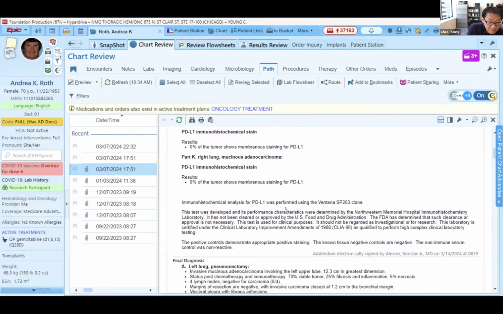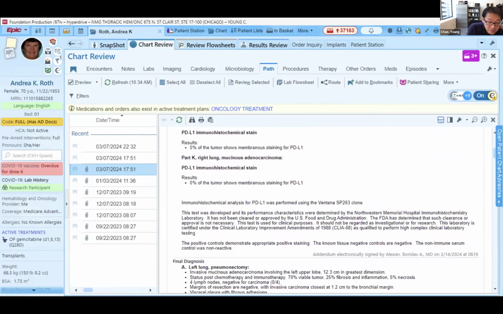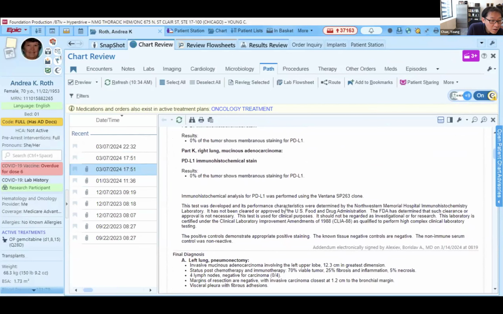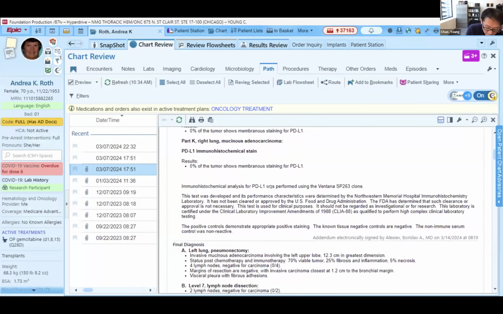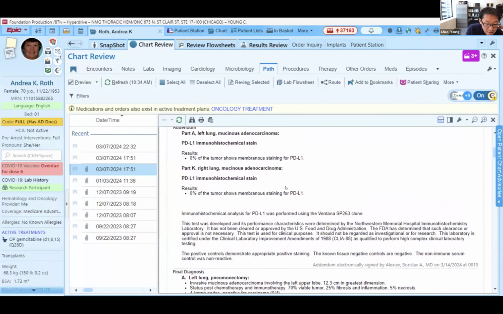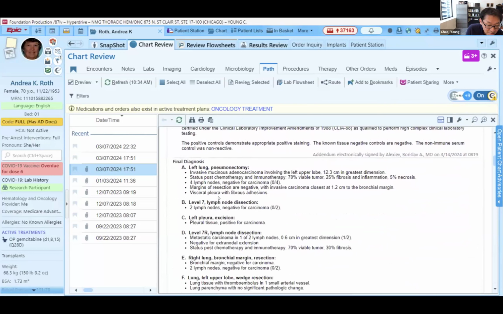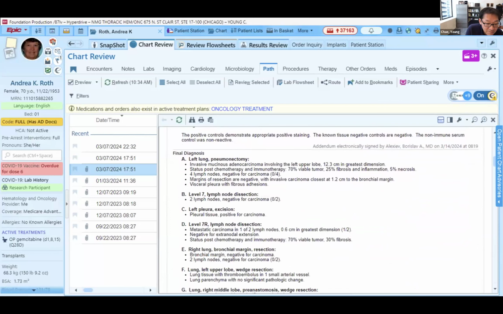Okay, part A, left lung: mucinous adeno. Oh, she's mucinous adeno. I thought she was squamous. Okay. PD-L1 0%. The right lung, PD-L1 0%. I'll go down. So left lung pneumonectomy. So invasive mucinous involving left upper lobe.